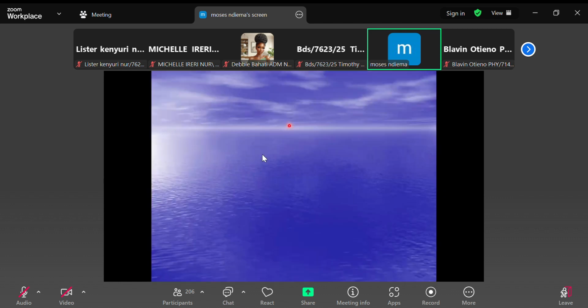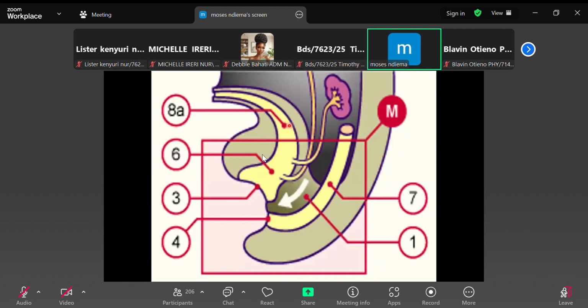Now here we have a complete fusion between the urorectal septum and the cloacal membrane. Now the cloacal membrane is divided into two parts. It's divided into the anal part here, and then the urogenital sinus membrane on this side.